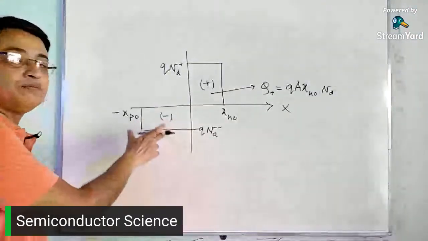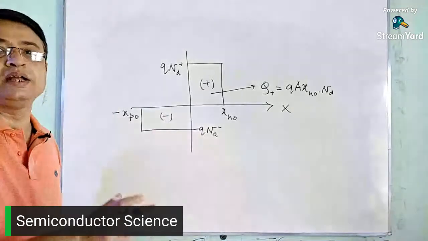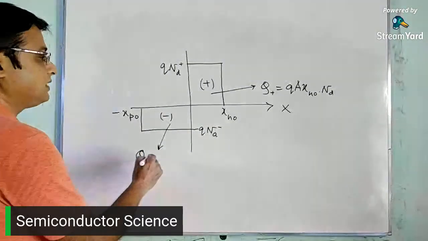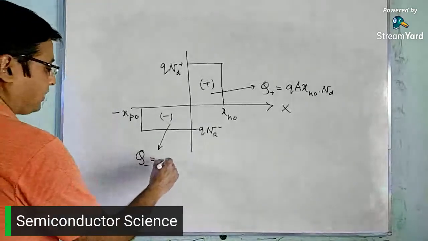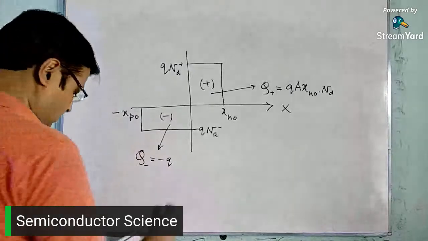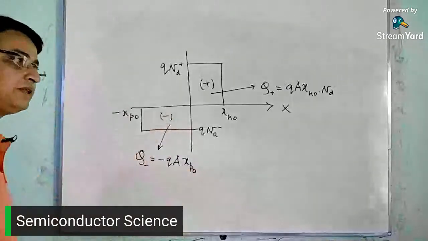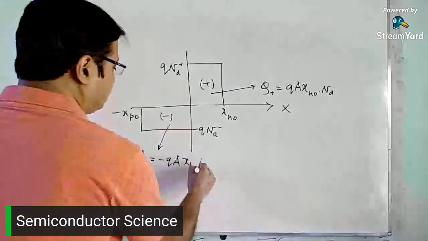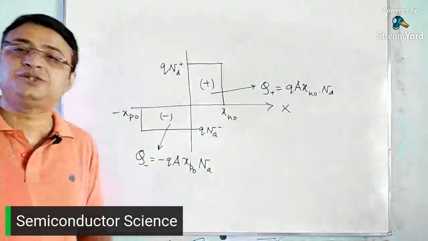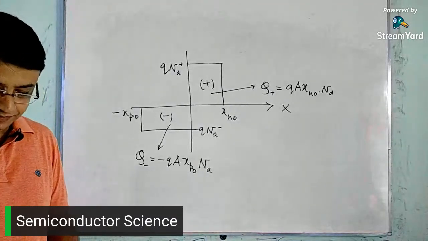Now, what is the value of the charge that resides inside the P-type side of the depletion layer? This will be Q minus, which is minus q times A times xp0, the width of the layer, times the acceptor concentration Na, because the charge here is negative. Here we have neglected carriers within the space charge region.